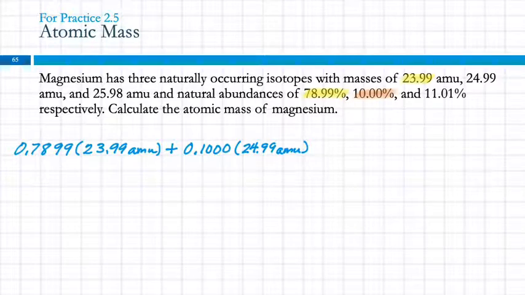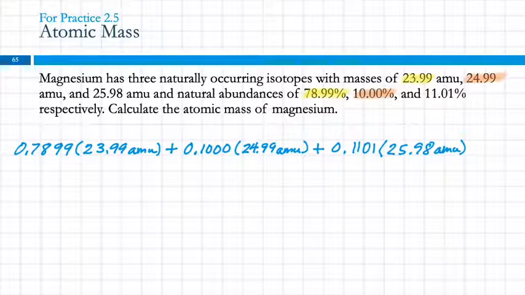So 10% goes with 24.99. And then I'm going to take the last one, 0.1101, 11% divided by 100, times its mass, 25.98 atomic mass units. So 11% goes with 25.98.